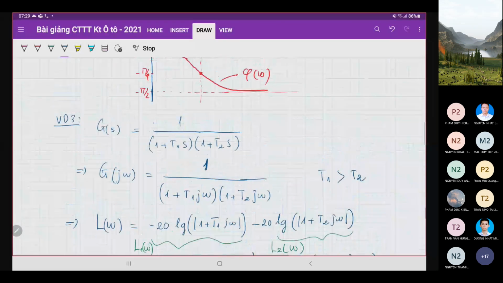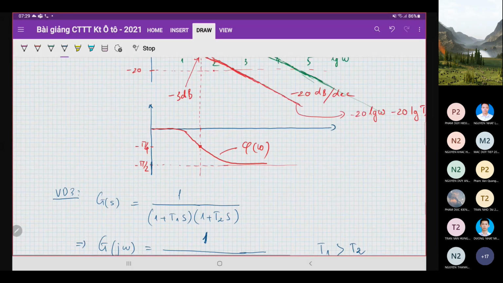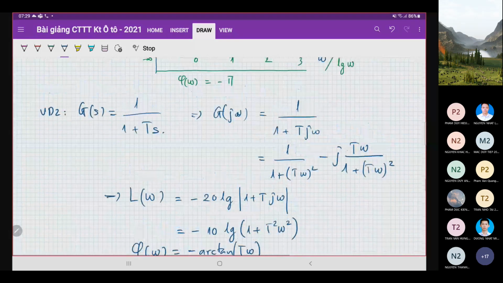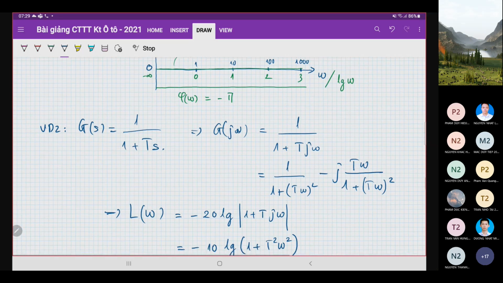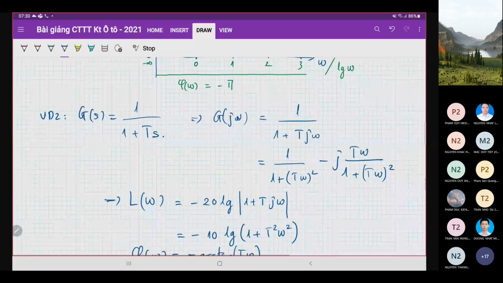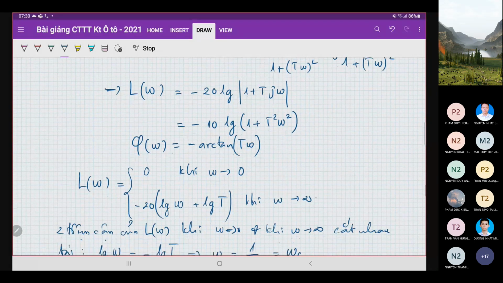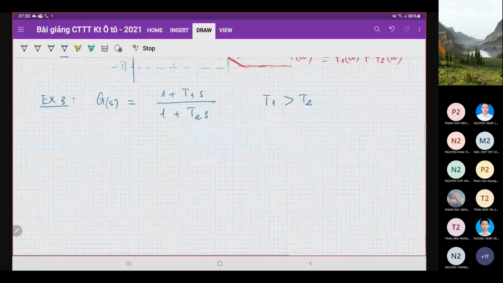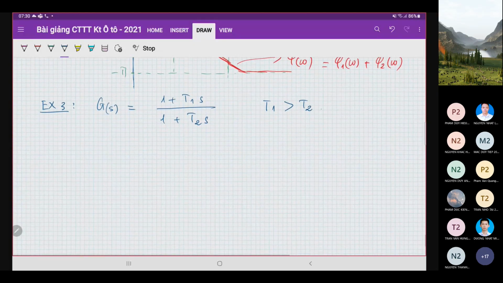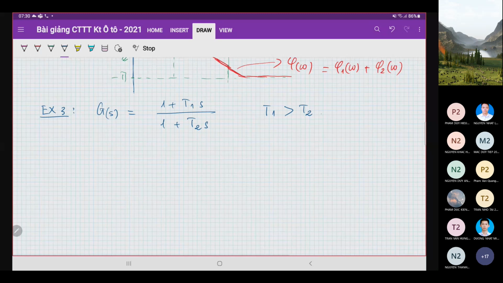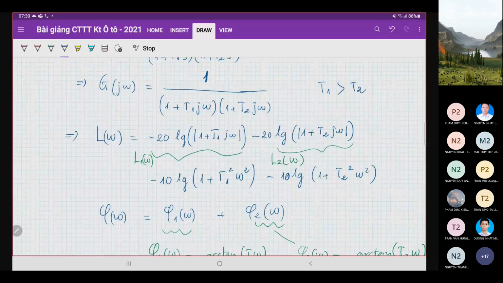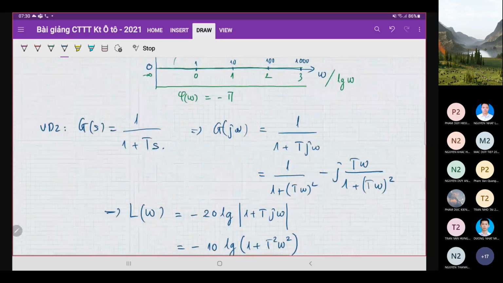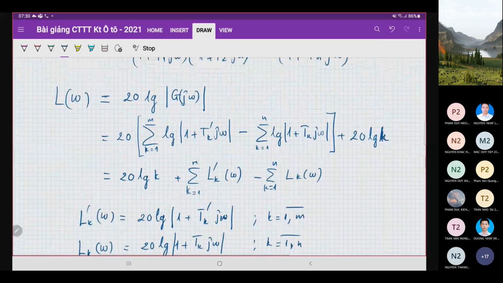You will see that L(omega) will be equal to this one instead of the equation here that we already have over there, right?